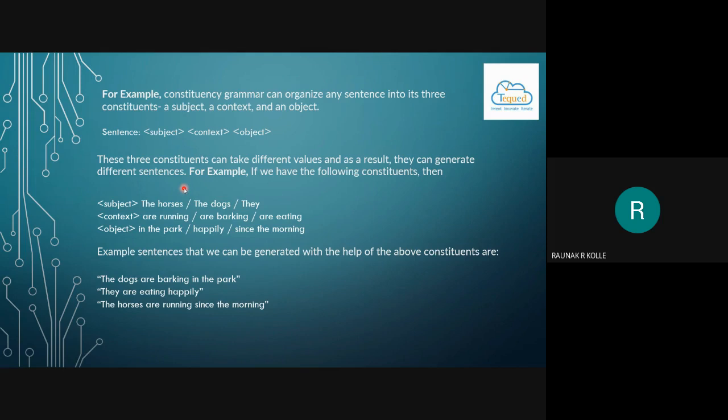These example sentences can be generated with the help of the constituents present. The dogs are barking in the park. They are eating happily. The horses are running since morning. These are the three sentences formed from the constituents as listed above.